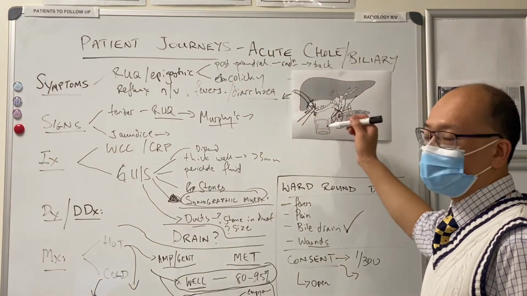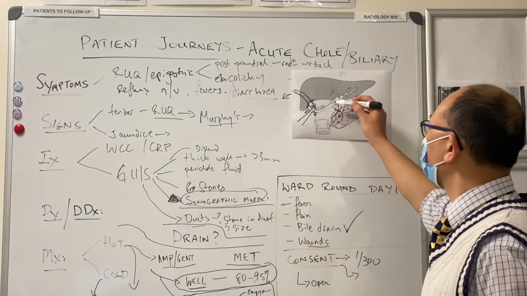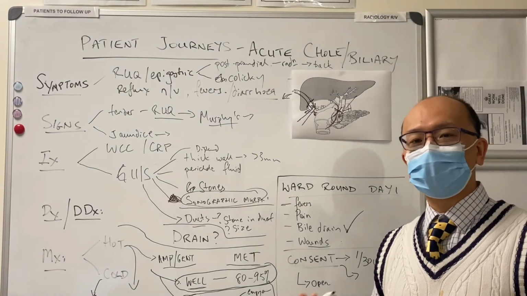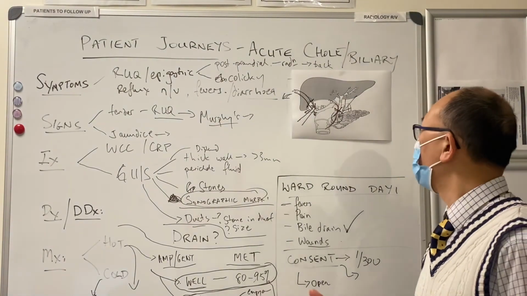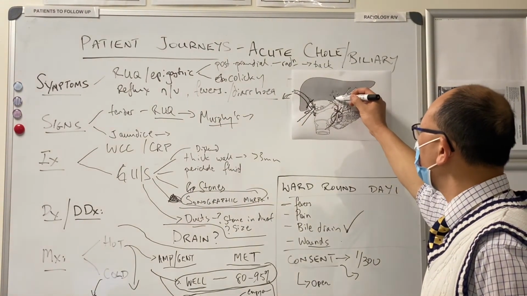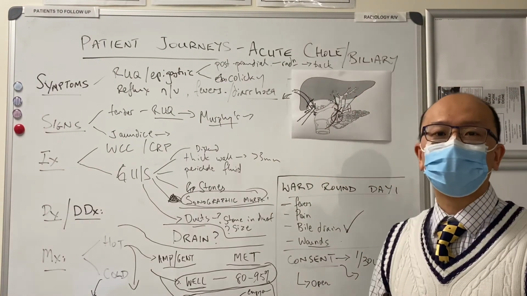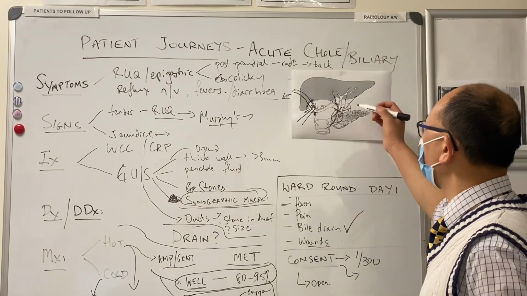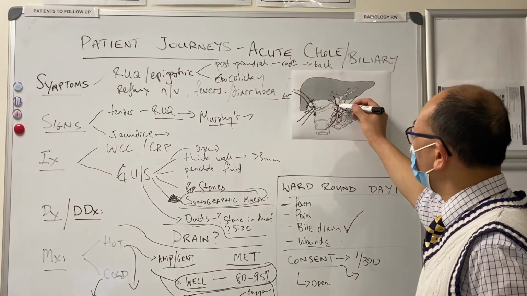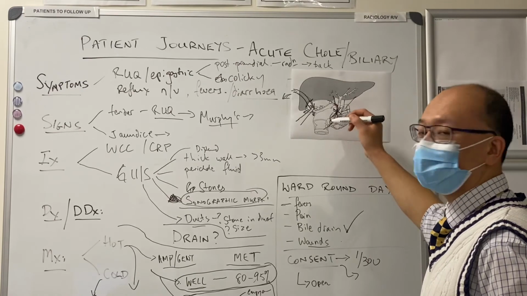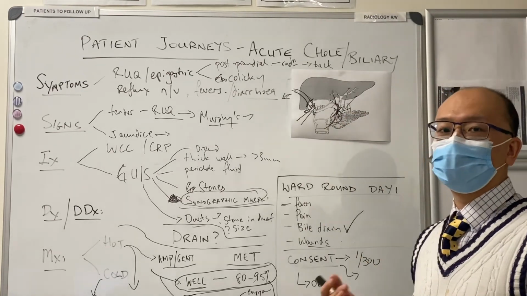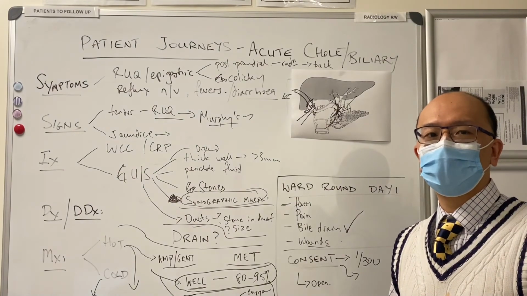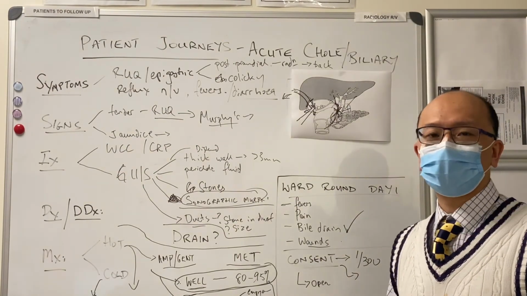Alternatively, if you only find it in the middle of your operation, you can put a stent down, and that allows for drainage until a definitive ERCP can be done. Or you can try to explore the duct through the cystic duct using a basket or a balloon and fish the stone out that way. If it's a bigger stone, you have the option of laparoscopically cutting into the duct and fishing the stone out that way, or converting to an open procedure and exploring the duct that way. So they're the options you have to get stones out.